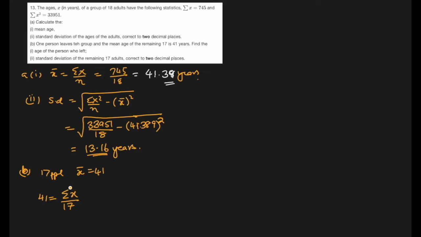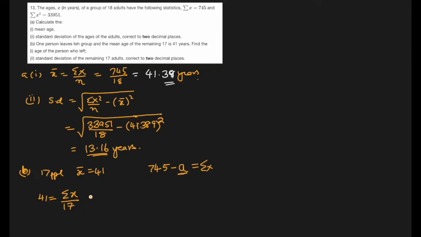But this sigma x is unknown to us. The previous sigma x was for 18 people, so from 745, if we remove the age of that person, let's call it A, that becomes sigma x now, because we have removed the person who has left.